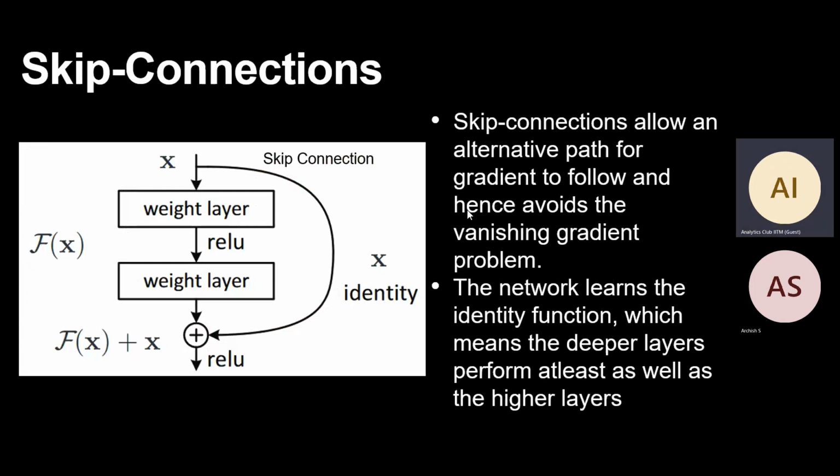So your gradient wouldn't become too small that quickly. Also, since you're directly adding your input to your output, your deeper layers will perform at least as well as your shallower layers, right? Because you're adding your input X directly to your output. Do you guys have any doubts in skip connections? Why we use them?